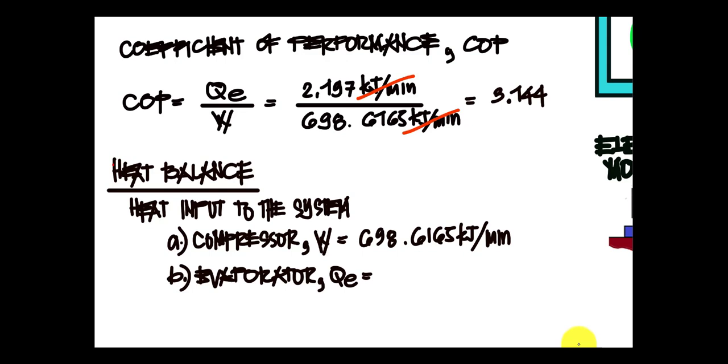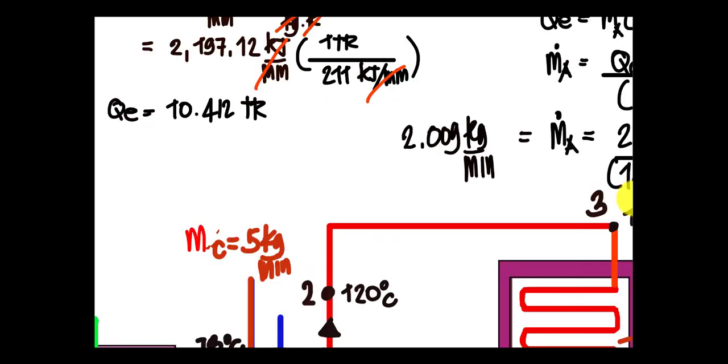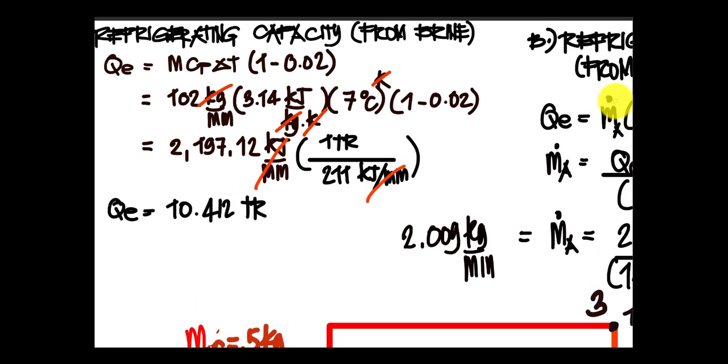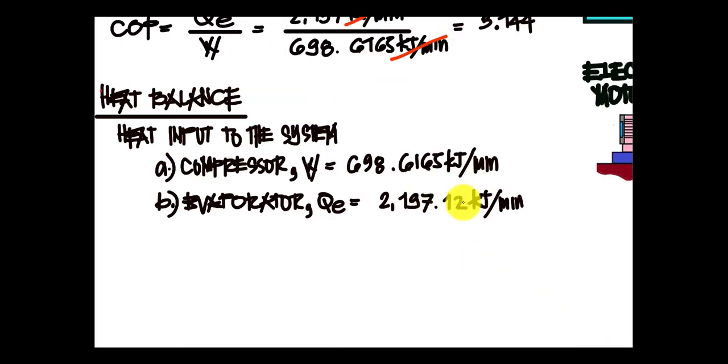Now for our evaporator, if you still remember, we have the refrigerating capacity of our brine, 2,197 kilojoule per minute.